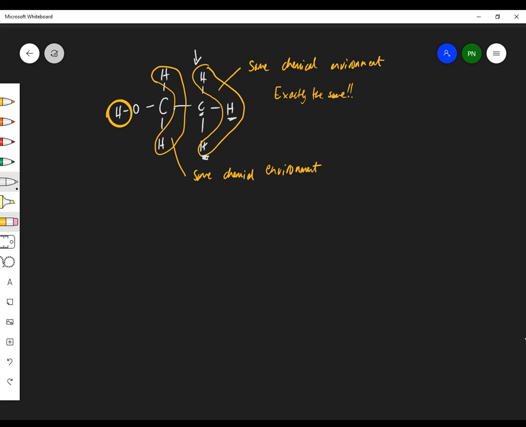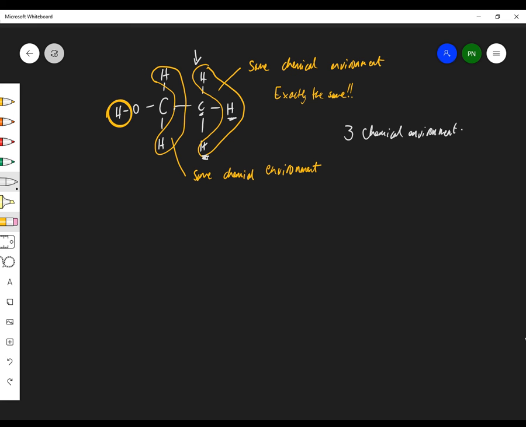So these three are exactly the same, these two are exactly the same, and this one is exactly the same. But they're not the same as each other. They're the same as the other CH3 hydrogens, and these CH2 hydrogens are the same as each other, and this OH hydrogen is on its own. So in this molecule, there are three chemical environments.